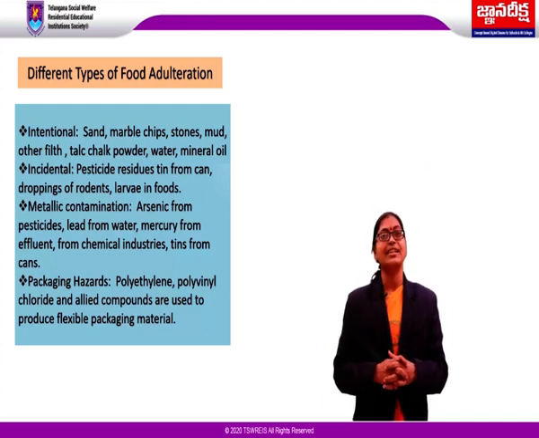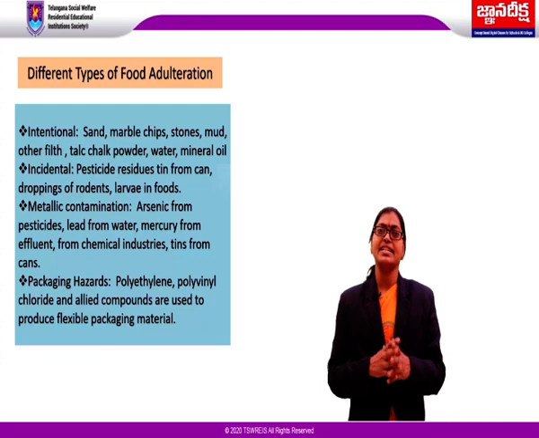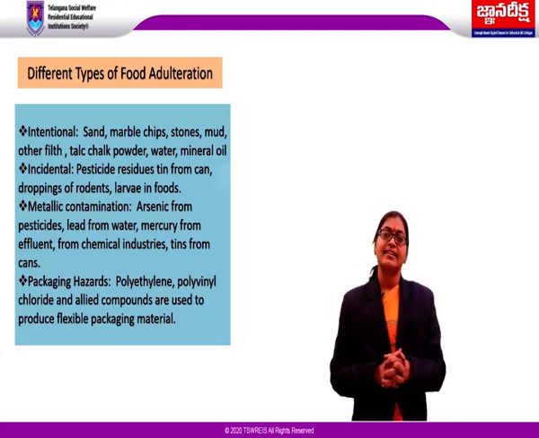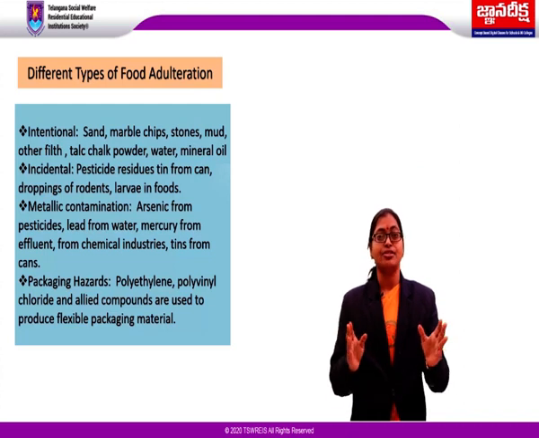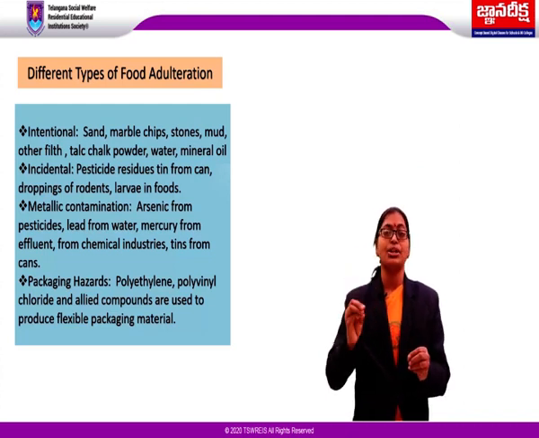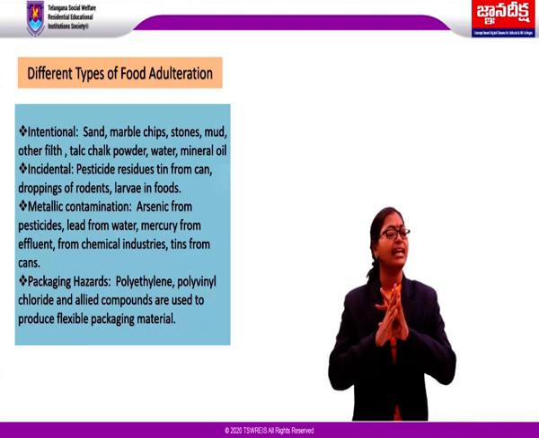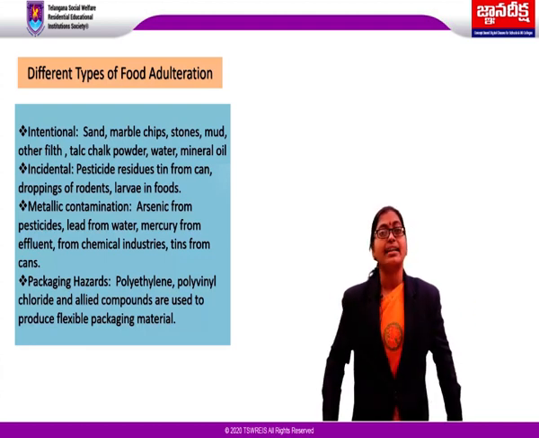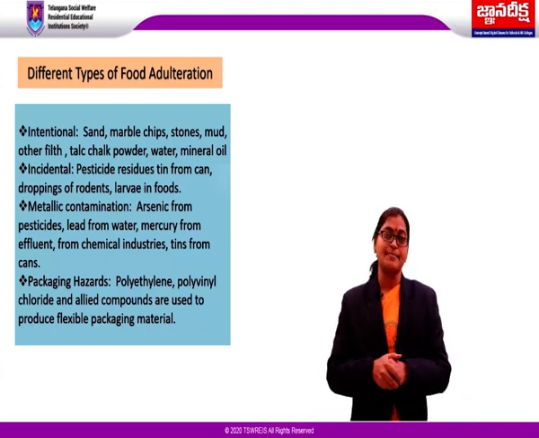Now come to the last one, packaging hazards. What is meant by packaging hazards? See children, our government of India has already banned the use of low quality polythene covers, even any kind of polythene covers while transporting food grains, right?